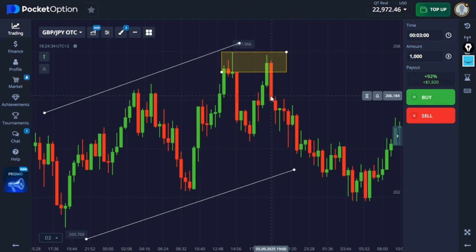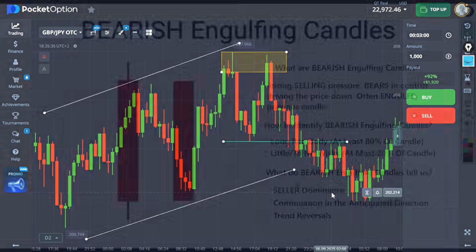And if you look at the way things played out, that was very much the case. If we look at the bigger picture, this bearish engulfing candle triggered a sell-off to the downside. Price ended up dropping, breaking below this light blue trend line, confirming the trend reversal and a continuation to the downside.